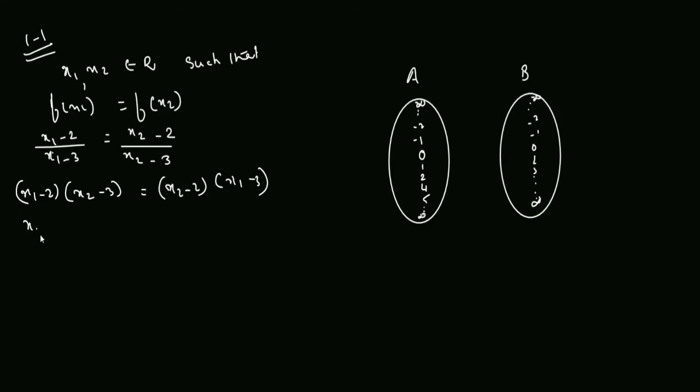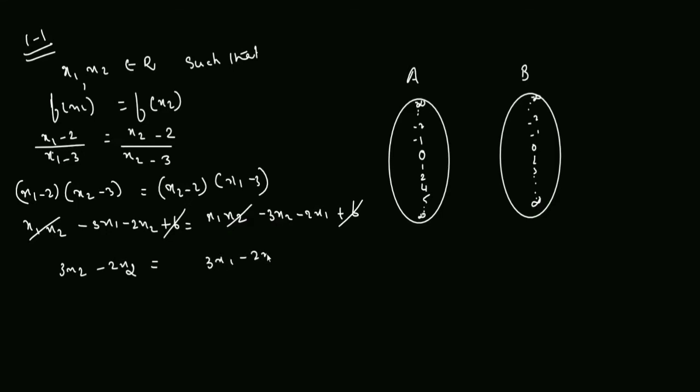So when you multiply this, x1 x2 minus 3x1 minus 2x2 plus 6 is equal to x1 x2 minus 3x2 minus 2x1 plus 6. The 6 gets cancelled, x1 x2 gets cancelled. Bring the terms to one side: 3x2 minus 2x2 on this side, 3x1 minus 2x1.